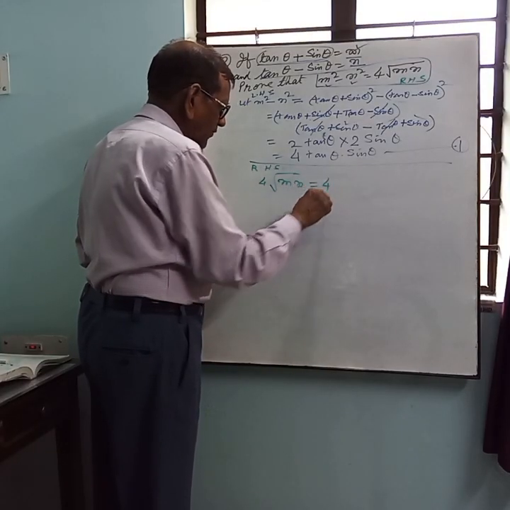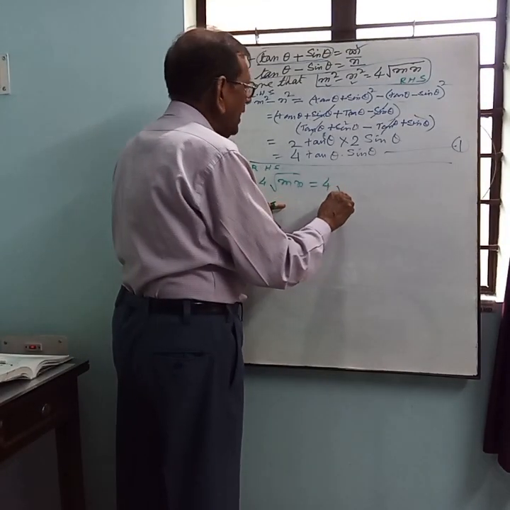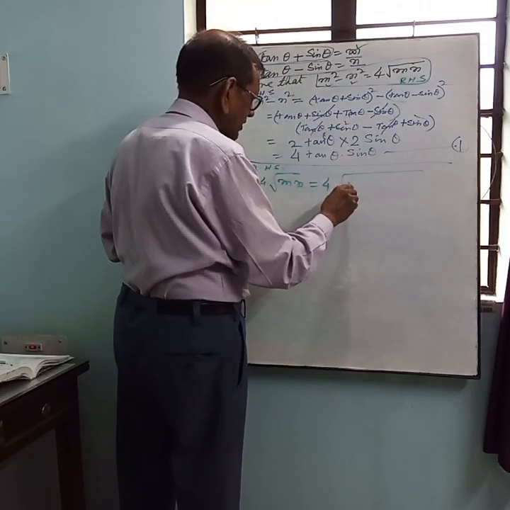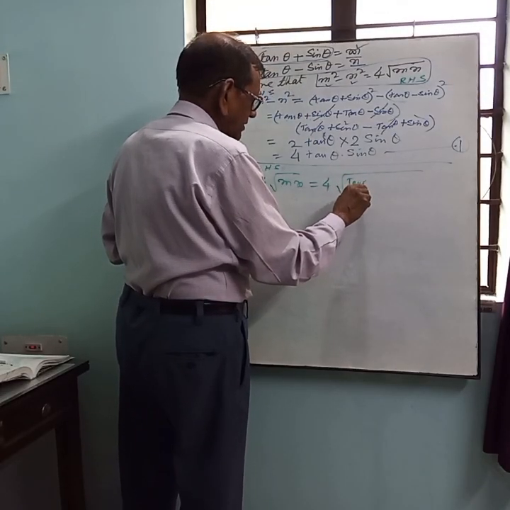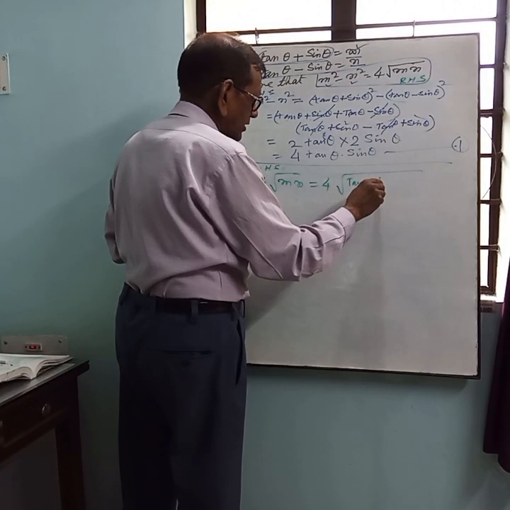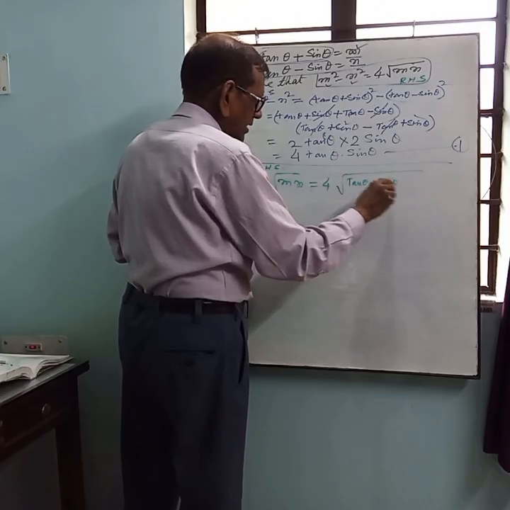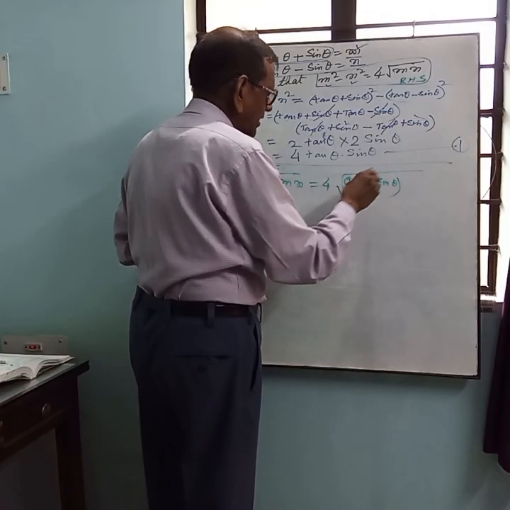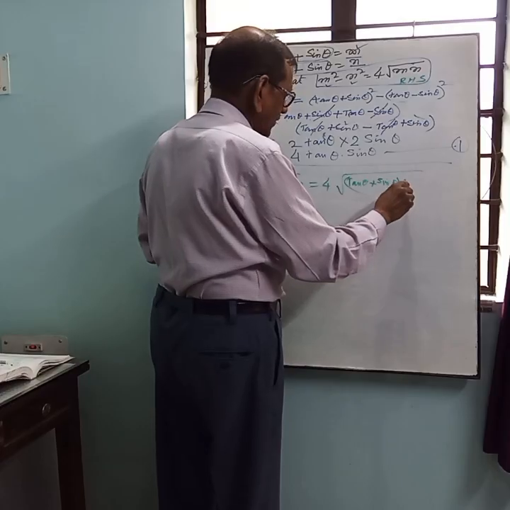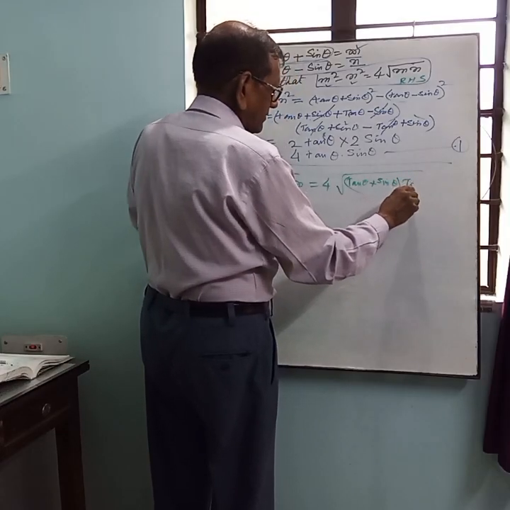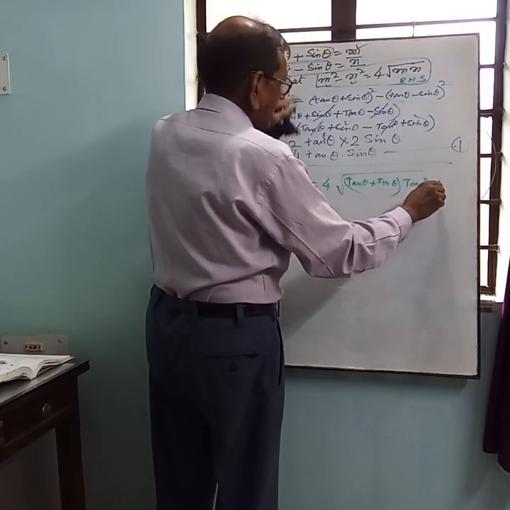Put this value, 4 square root mn. What is tan theta plus sin theta? M into n, n will be tan theta minus sin theta.